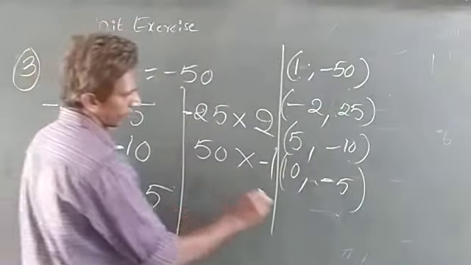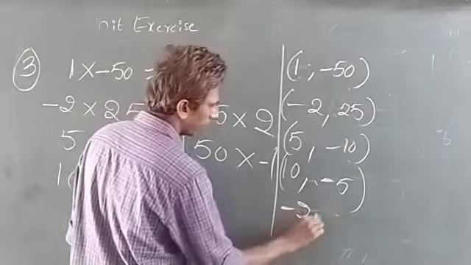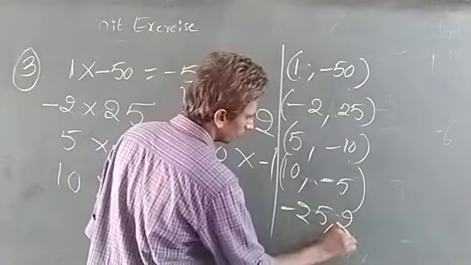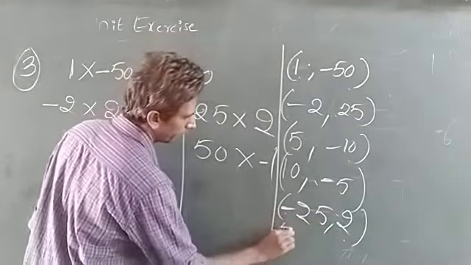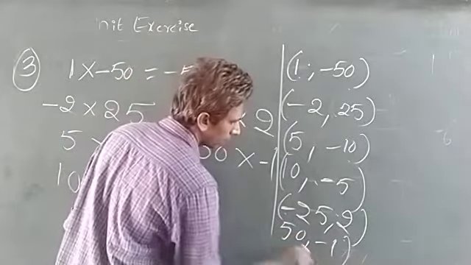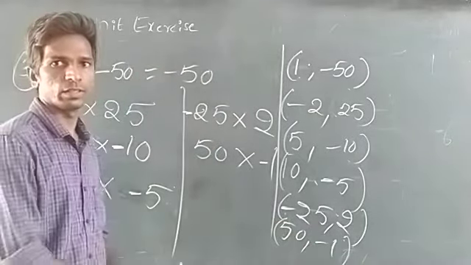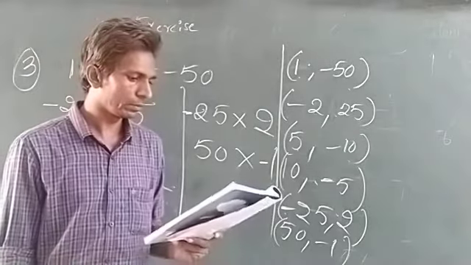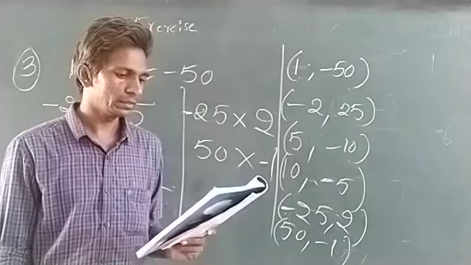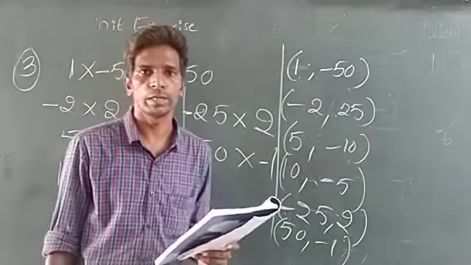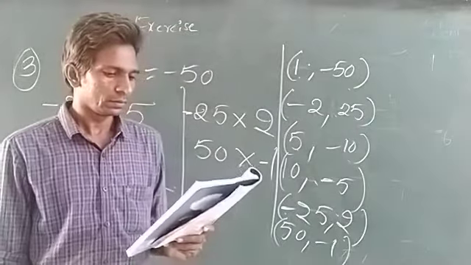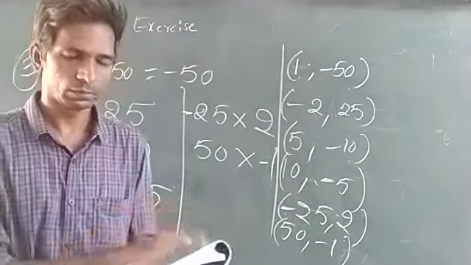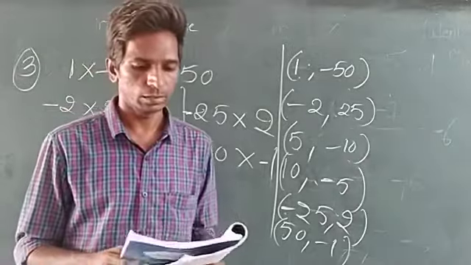Next one, minus 25 comma 2. Next 50 comma minus 1. These are all the possible pairs of integers that give the product of minus 50. Next class we will see the remaining problems.